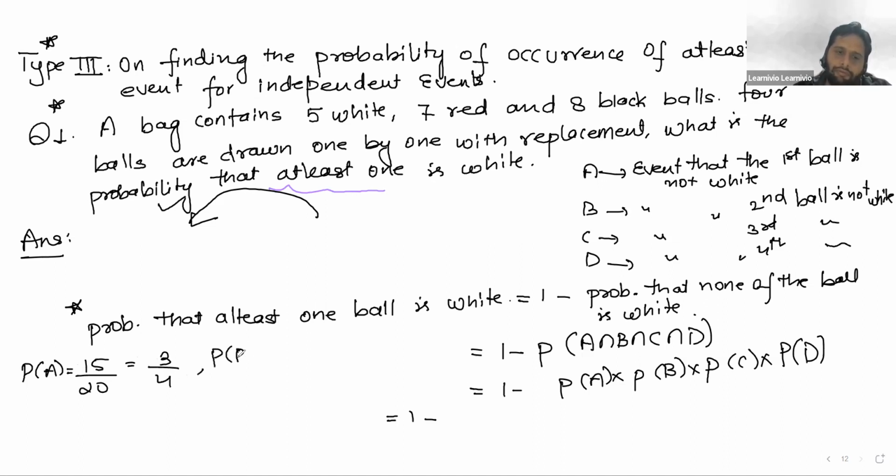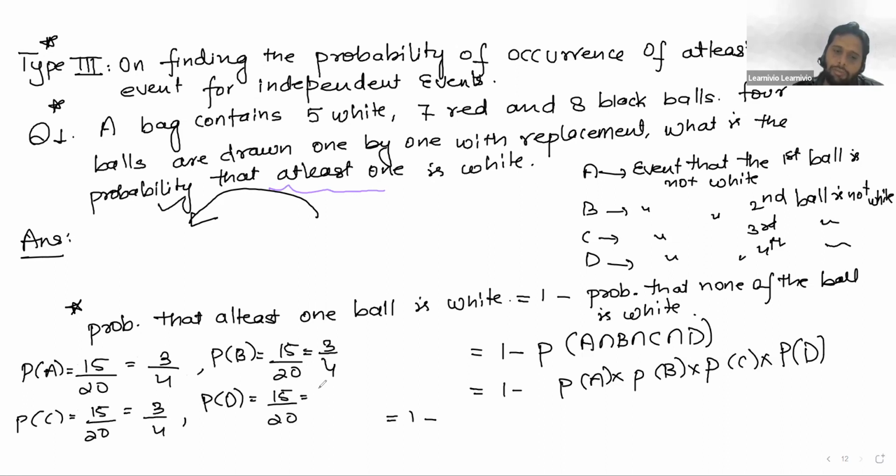P(B) is 15 by 20, which is 3 by 4. P(C) is 15 by 20, which is 3 by 4. P(D) is 15 by 20, which is 3 by 4. So the answer is 1 minus 3/4 into 3/4 into 3/4 into 3/4.